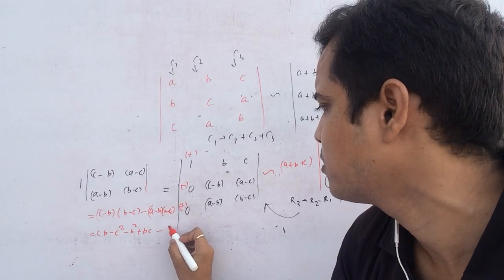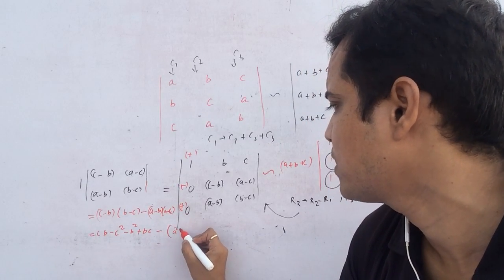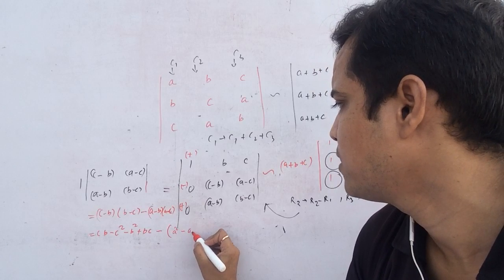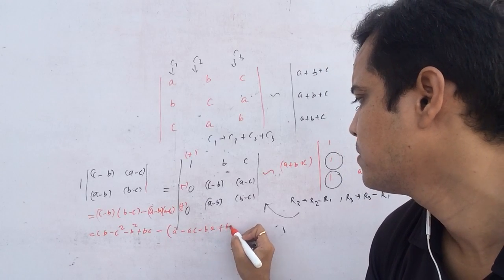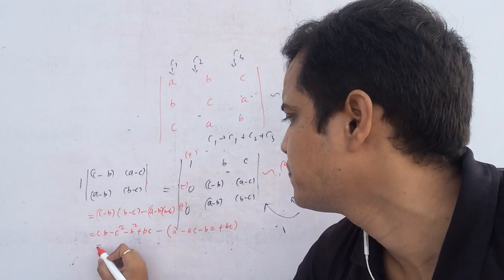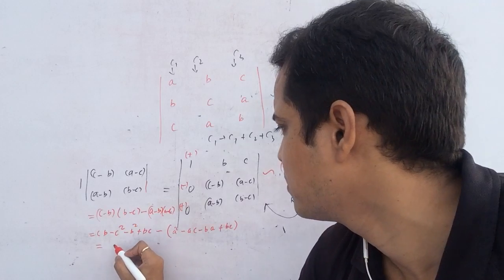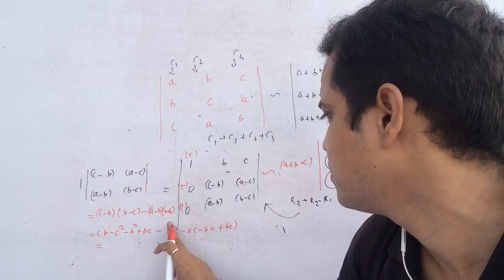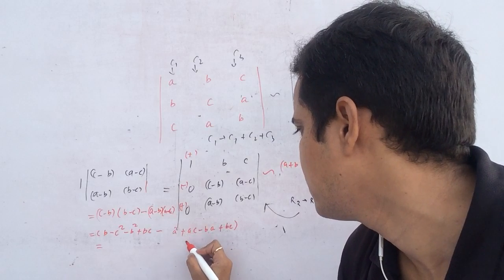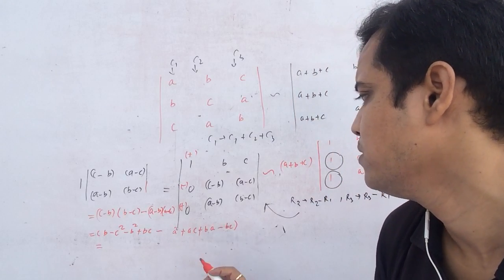Okay, here when you expand this, you have to place bracket here: A square minus AC minus BA plus BC. Okay, when you solve this, first open this bracket, so it would be minus A square plus AC plus BA and minus BC.